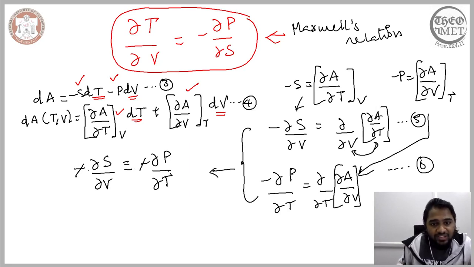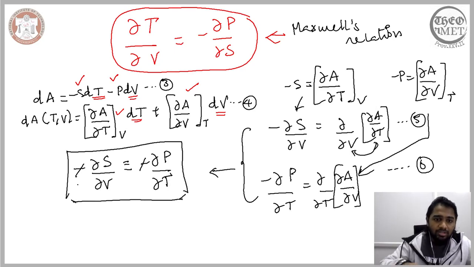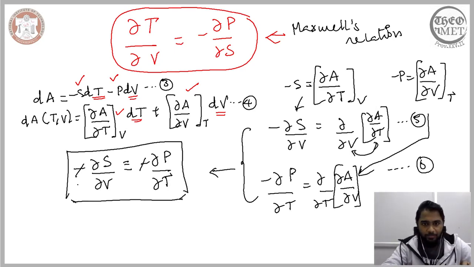So what essentially we end up having is change in entropy with respect to volume is equal to the change in pressure with respect to temperature. So what essentially we have arrived at is an expression that talks about change in entropy, but it does not need for us to measure the change in the entropy, but we can equate the change in the entropy to that of change in pressure.